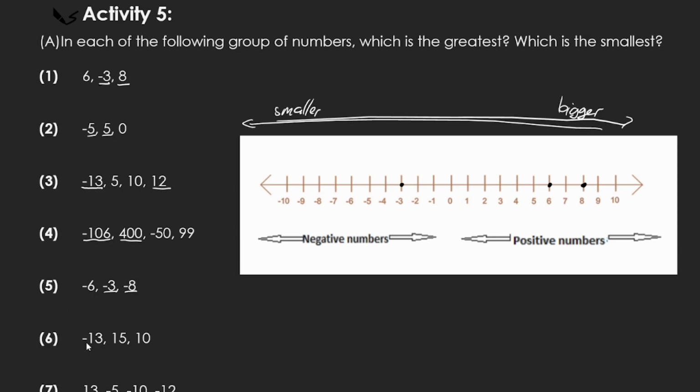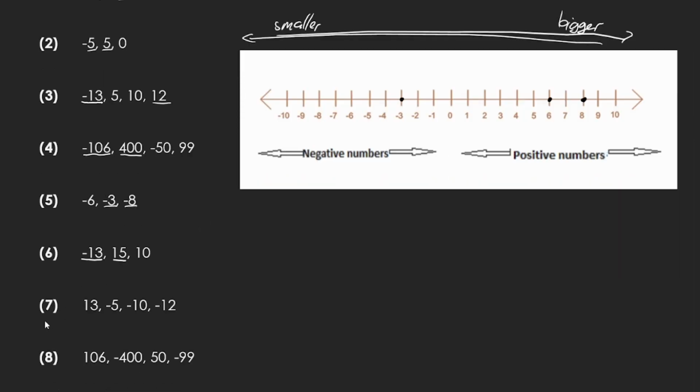Number 6, we have 1 negative, automatic. This is the smallest. Between 15 and 10, 15 is the greater one. Continuing on 7, we have this set of numbers, 1 positive. That means this is the greater number. And we have negative 5, negative 10, and negative 12.